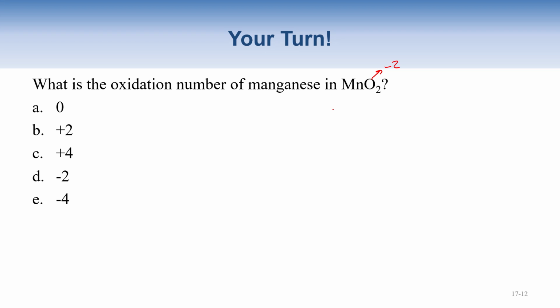So we have Mn, and we have 1 of those, plus 2 of the -2's for oxygen, and there's no charge on this, so we're setting it equal to 0. So Mn minus 4 is equal to 0. Mn has to be +4.